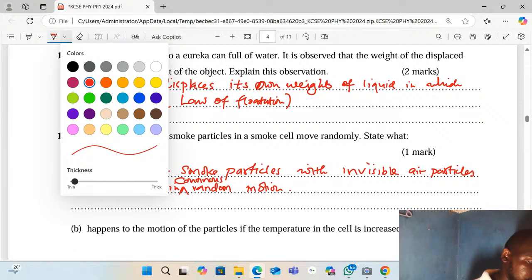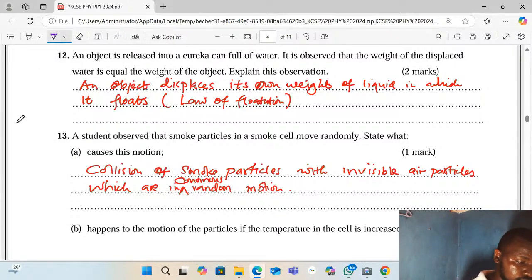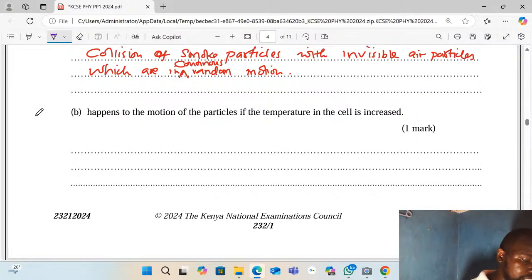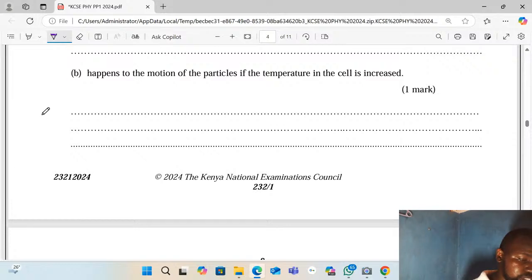I think now we can change the pen. What happens to the motion of the particles if the temperature in the cell is increased? In this case, we expect to have an increase in kinetic energy, which at long last will have the particles have an increased movement.